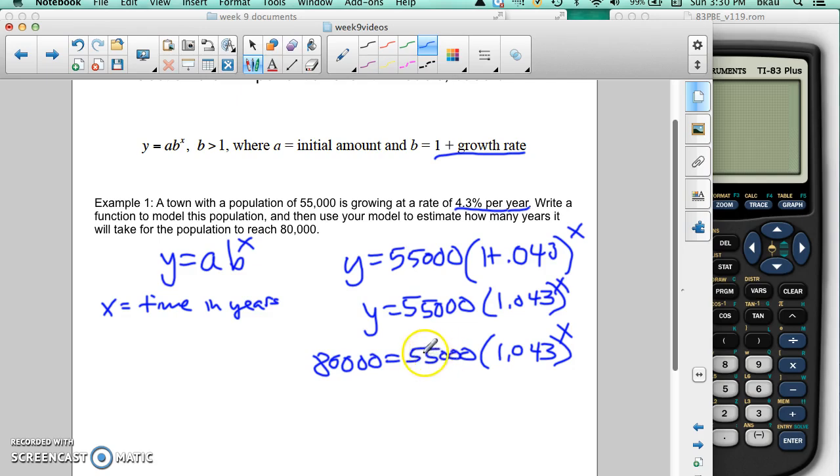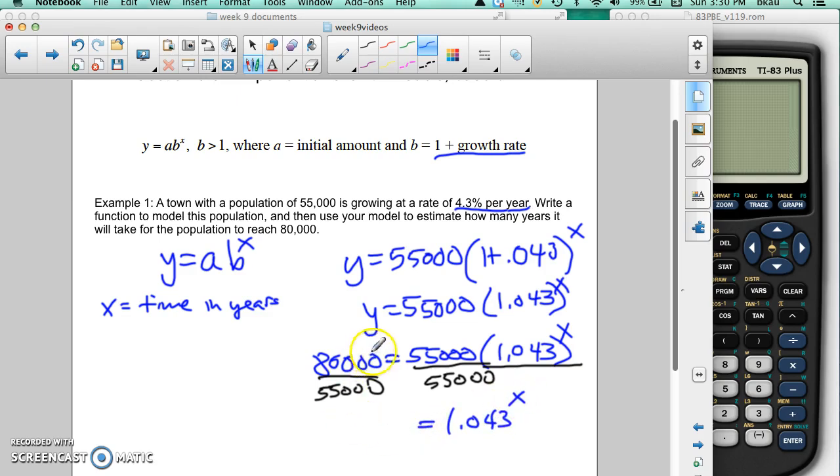So the first part of all of these is we want to divide by your initial amount. So in this case, we're going to divide by 55,000 on both sides. Now, our right-hand side is going to be 1.043 to the X power.